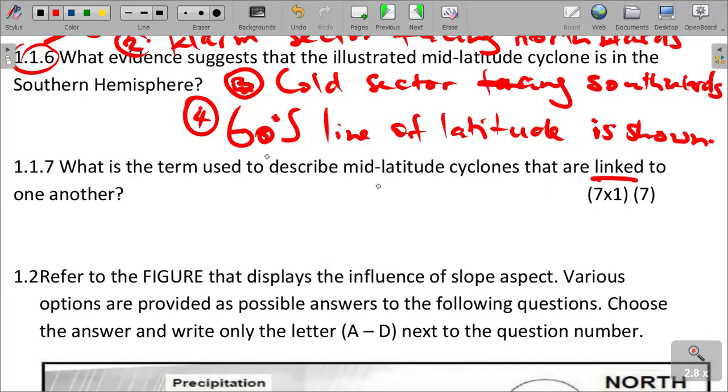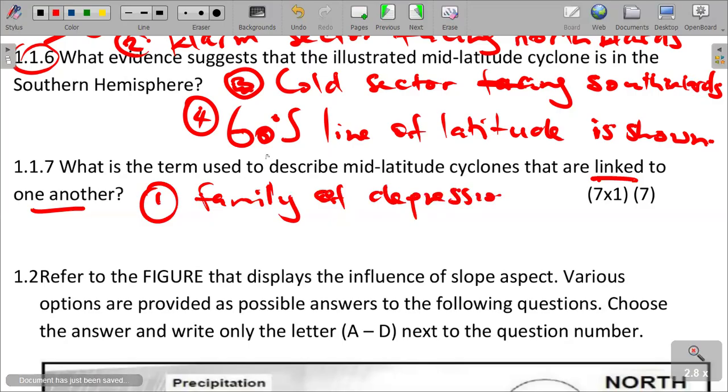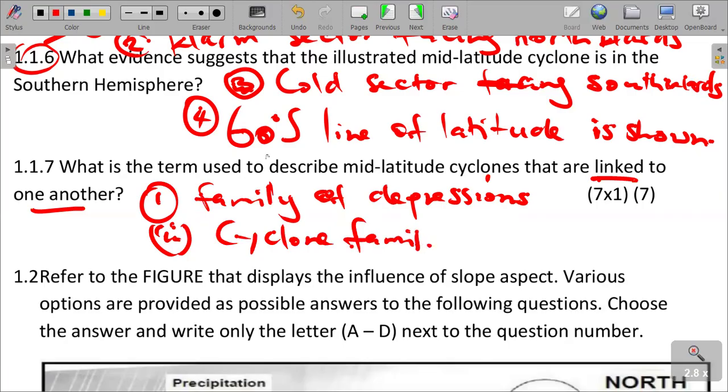If they are linked to one another, they are called a family of depressions, or we can also say family of cyclones or cyclone families, if they are mid-latitude cyclones that are linked to one another.